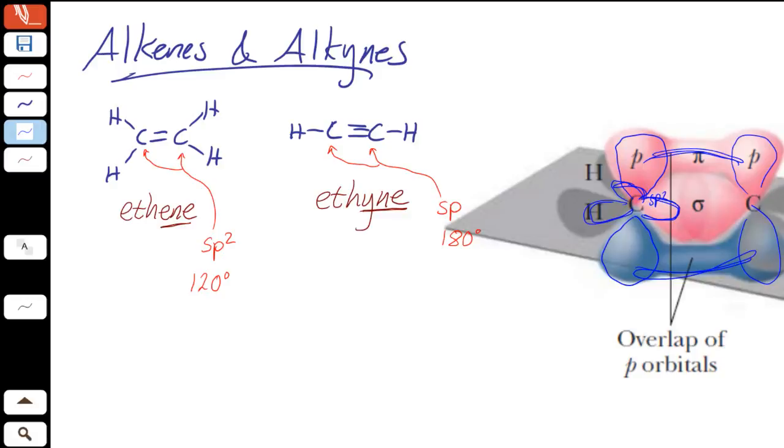So I drew those two interactions. That's not the double bond, that's just one of the bonds. The other one is right here, the sigma bond between the two carbons, between the two hybrid orbitals. So the two bonds in a double bond are a sigma made of two sp2 orbitals and a pi made of two unhybridized p orbitals.